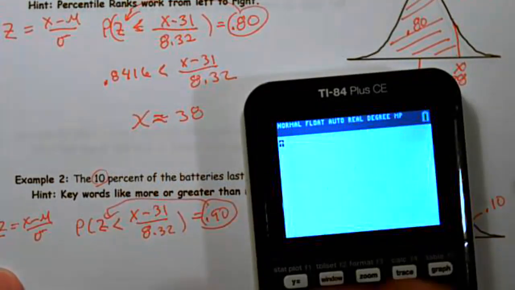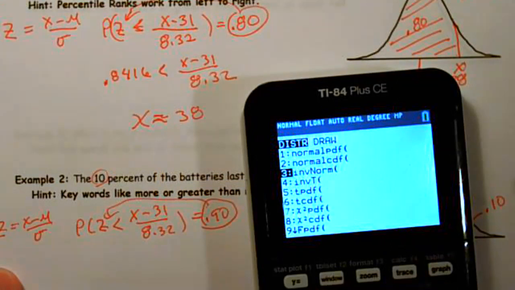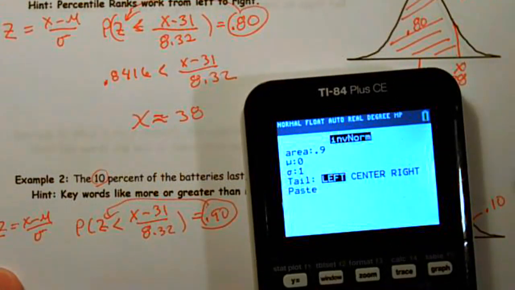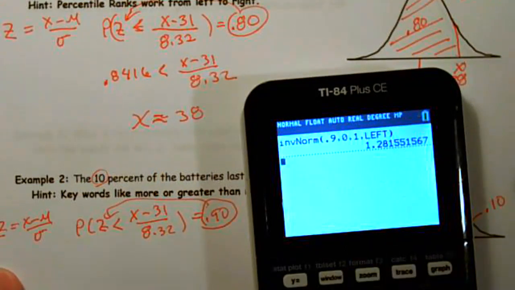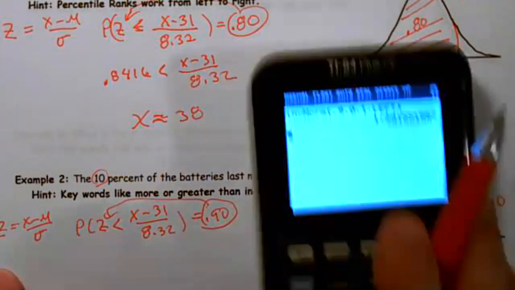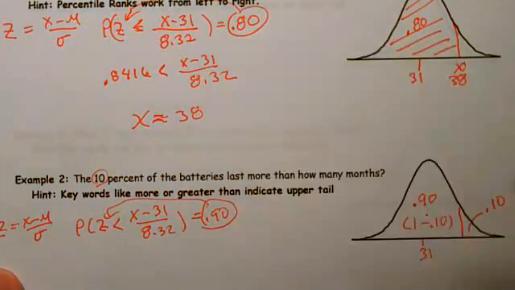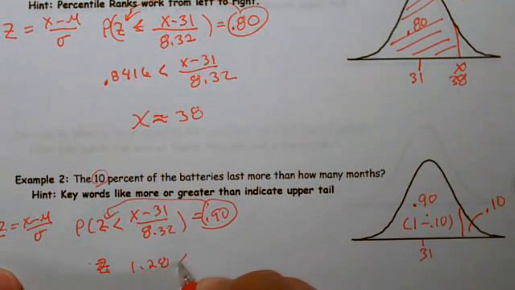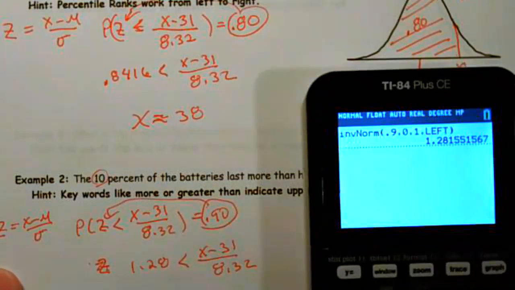So second vars, inverse norm, 0.9, mean of 0, standard deviation of 1, left tail, and I end up getting 1.28. So the probability, so we're now looking at 1.28 is less than or equal to x minus 31 over 8.32, solved by algebra.